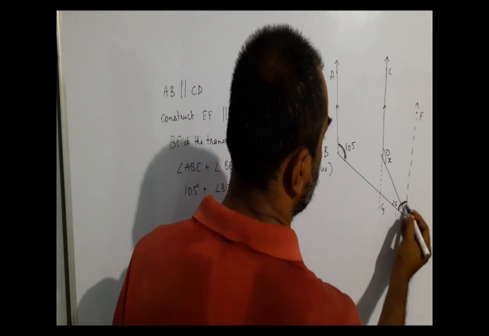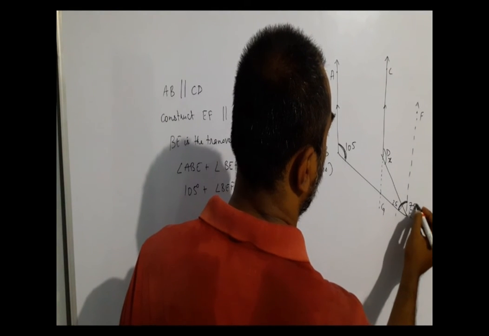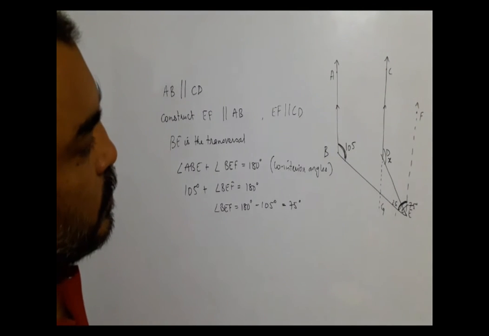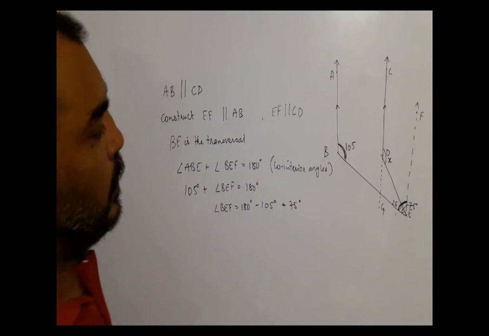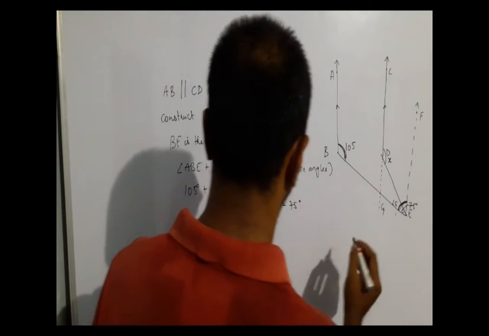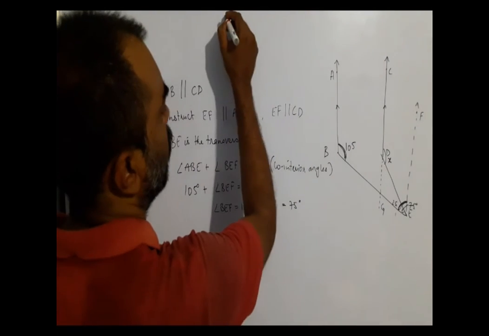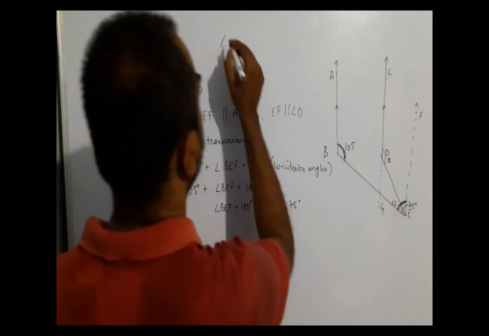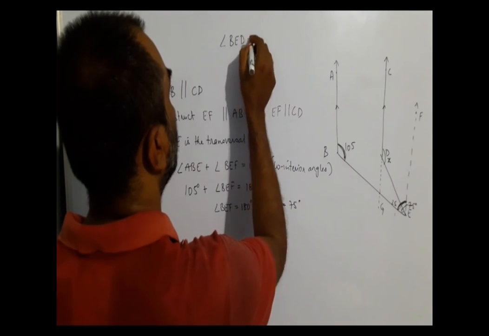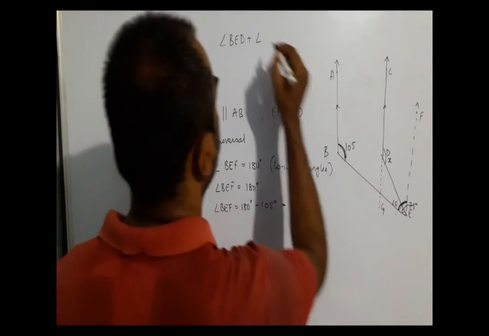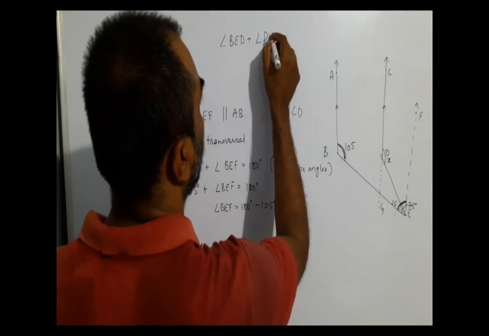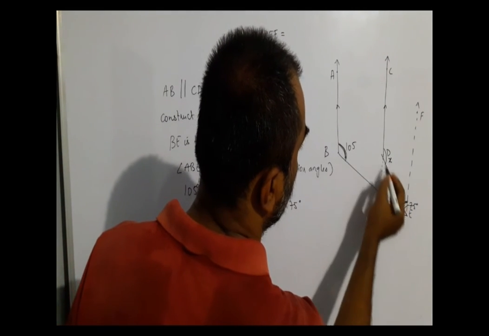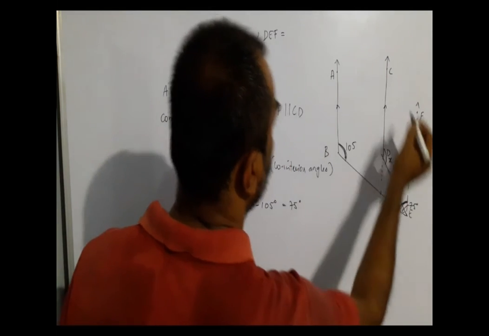So this whole thing is 75 degrees. Okay, I'm writing it outside. Now, the whole thing is 75. Now we have angle BED plus angle DEF equal to BEF. Having this angle plus this angle gives me BEF.